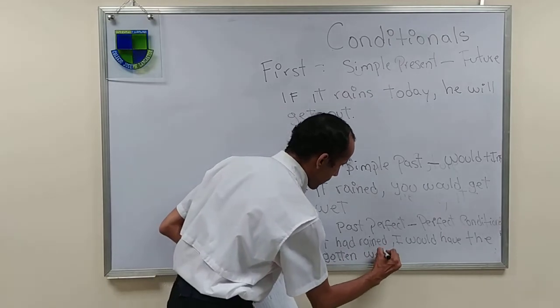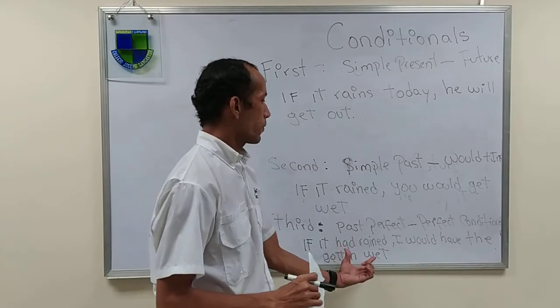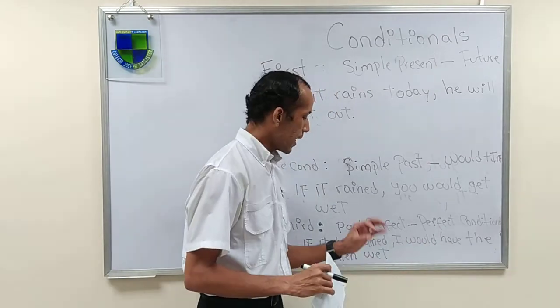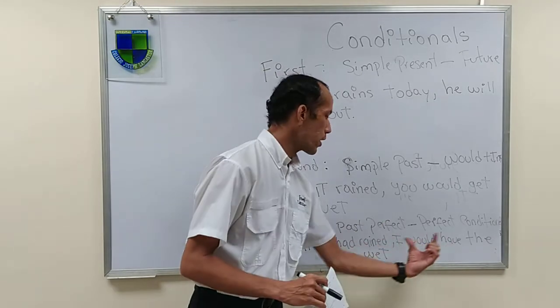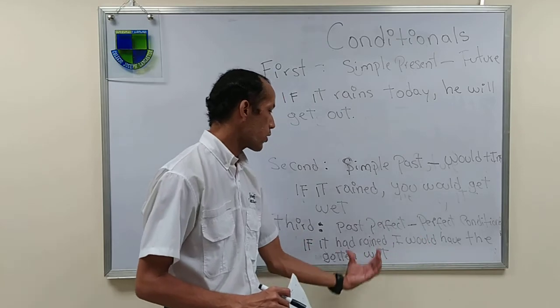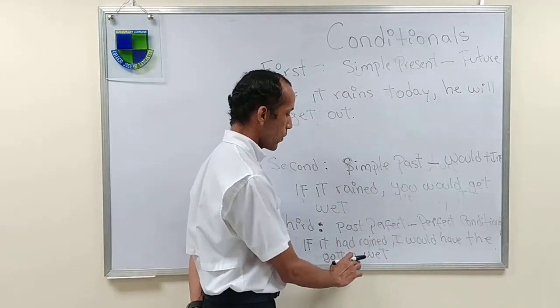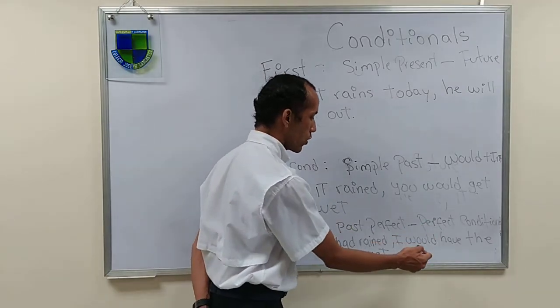Si ha llovido, yo me habría mojado. Literalmente dice conseguido mojarme. So, if it had rained, I would have gotten the garden wet. So you can appreciate the past perfect and the perfect conditional.